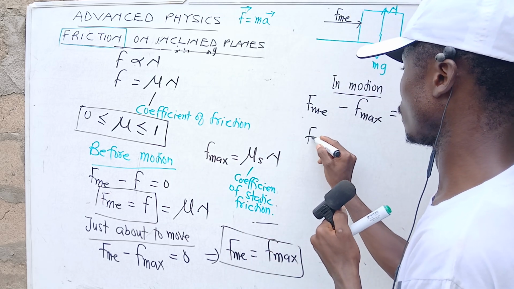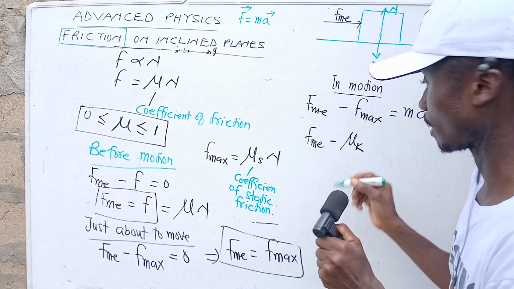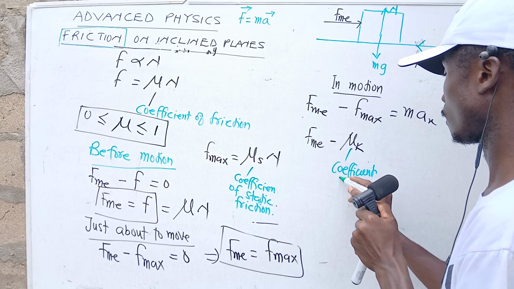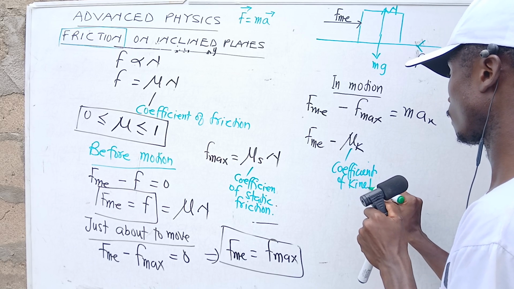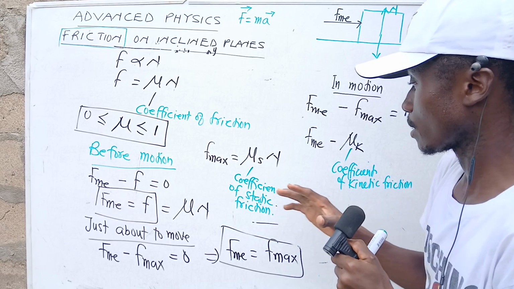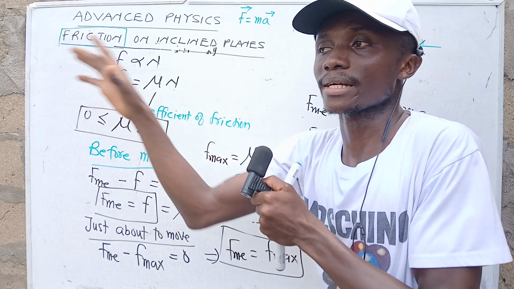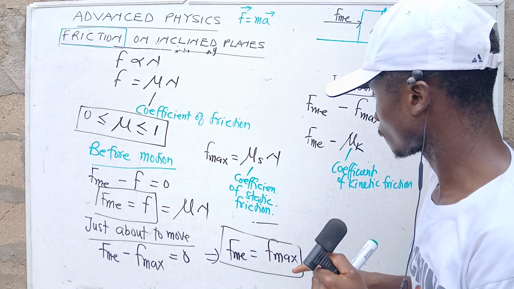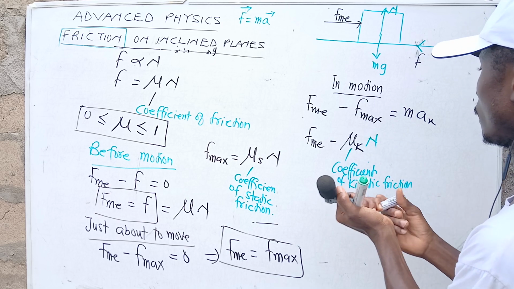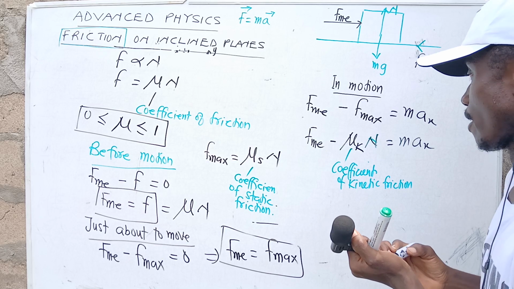So F sub me, the force you apply, minus the coefficient of kinetic friction, so it is always more difficult to move an object at rest than to keep it at constant motion, times the normal reaction is equal to the mass times the acceleration in the x direction.